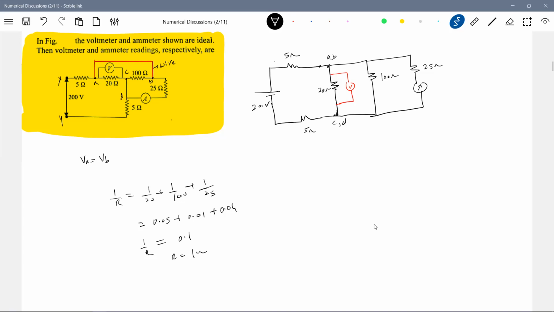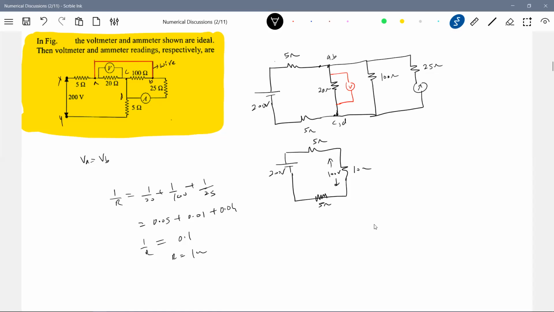Now how will this entire circuit appear? 5 ohm, this will be 10 ohm, and here 5 ohm. The 200 volt we applied: 100 volt will drop here.